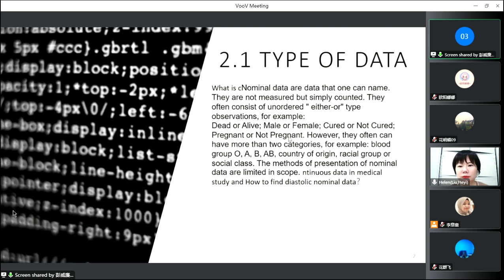However, they often can have more than two categories, for example, blood group O, A, B, and AB, country of origin, racial group, or social class. The methods of presentation of nominal data are limited in scope.